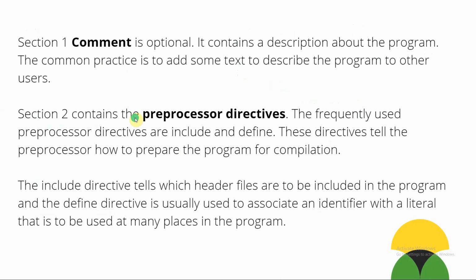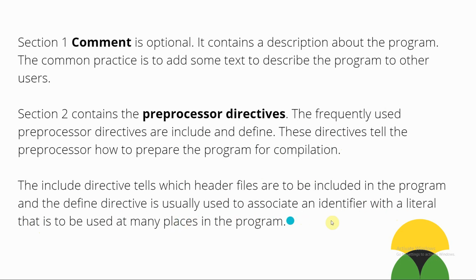So section 2 contains the preprocessor directives. The frequently used directives are include and define, and these directives tell the preprocessor how to prepare the program for compilation. The include directive tells which header files are to be included in the program, and the define directive is usually used for associating an identifier with a literal that is to be used in many places in the program.